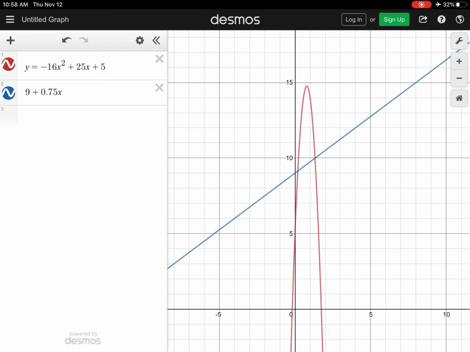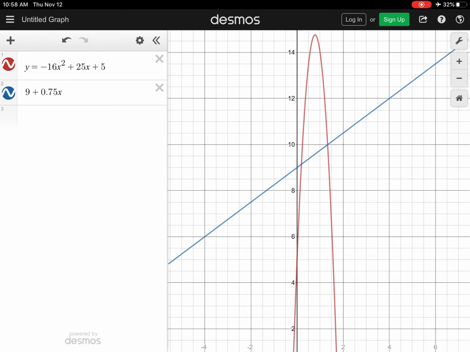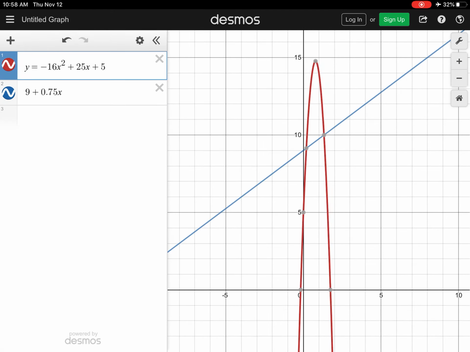All right, so graph the two equations, and in Desmos it looks like there's the answer, 1.327 and 9.995, and then the other solution is 0.188.